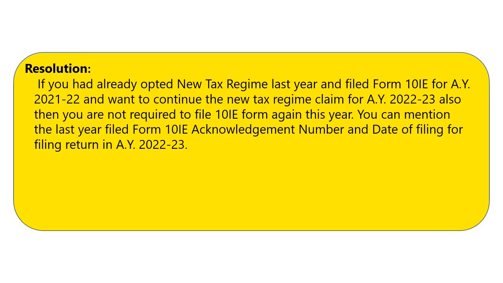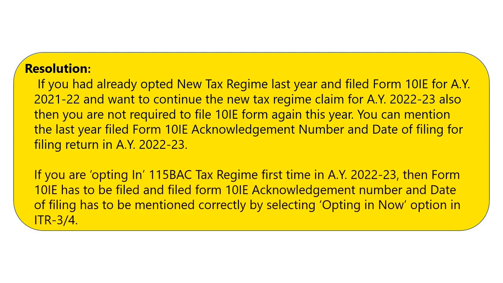In case you've already opted for the new tax regime in the previous financial year and you had filed your Form 10IE and you want to continue in the new tax regime for the current assessment year as well, you're not required to file Form 10IE again. All that you're required to do is to mention the last year's filed Form 10IE acknowledgement number and the date of filing while filing the income tax return for the current assessment year.